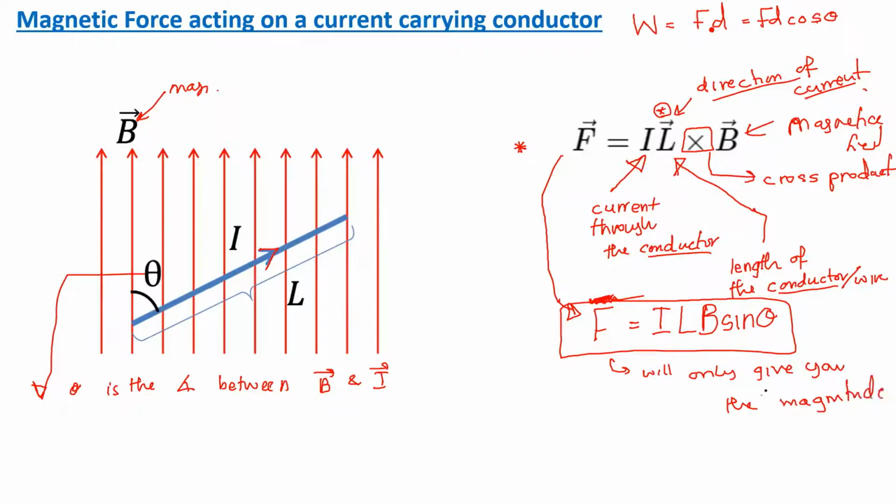It will not give you the direction because, although your force is a vector, we will not be using this equation to find the direction. We'll use this just to find the magnitude. So are you okay with this equation? It's nothing hard, right? I times L times B sine theta. And theta is the angle between current and the B field.